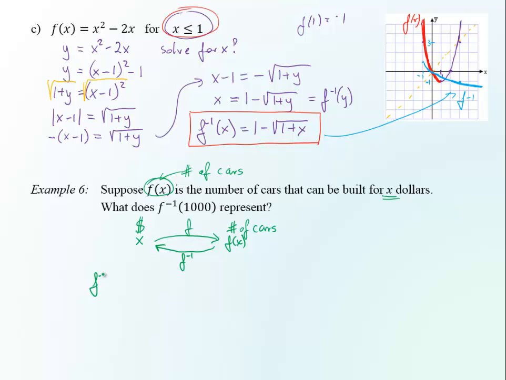So f^-1 of 1,000 really represents the cost of producing 1,000 cars.